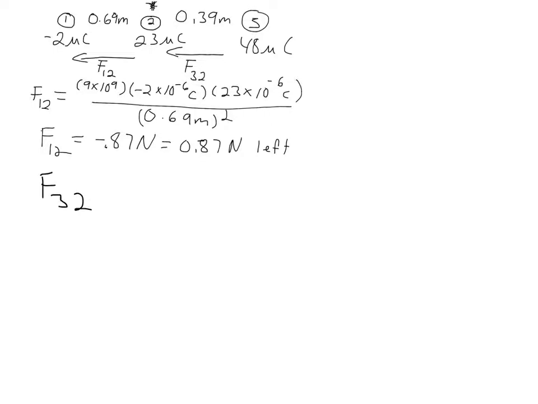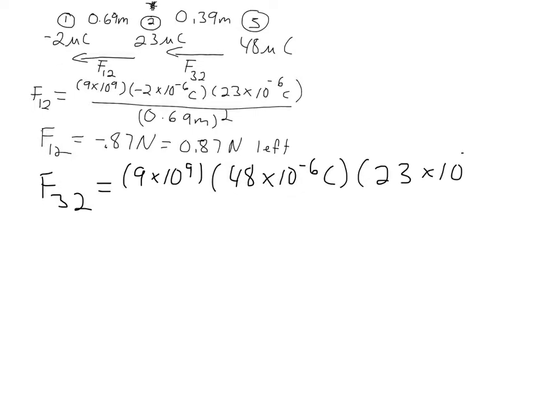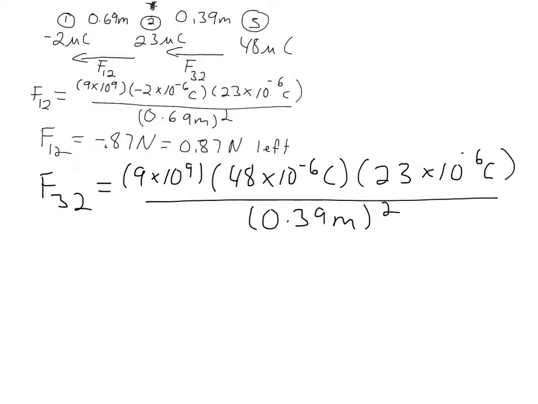Again, we're going to use k q1 q2 over the distance squared to find the force. So I'm going to say 9 times 10 to the 9th times the charge of 3, which is 48 microcoulombs, so 48 times 10 to the negative 6th coulombs, times charge 2, which is 23 times 10 to the negative 6th coulombs, all over the distance between them, which is 0.39 meters quantity squared.